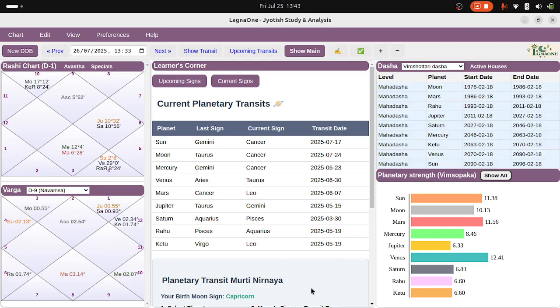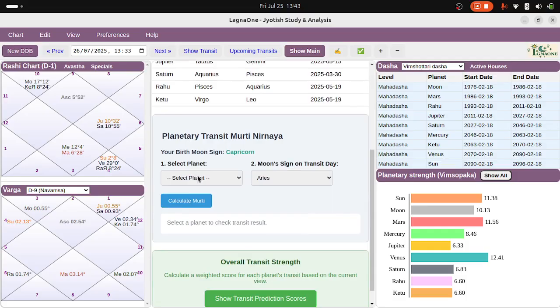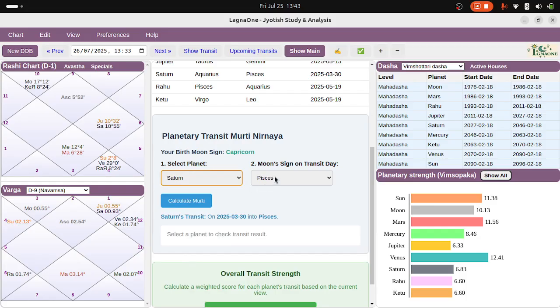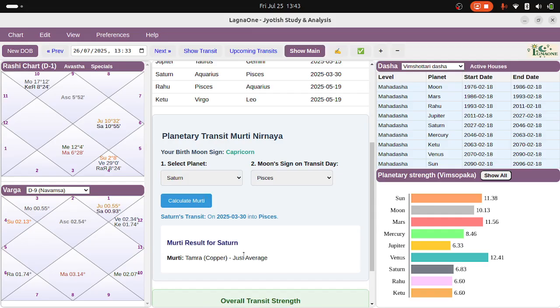So Murti Nirnay is a predictive technique which is not in the classics, but it's popular, a very traditional system. I found it pretty useful, so I've included this. You can read about it; I'm not teaching Murti Nirnay here. If you click calculate Murti, it tells you how this planet, Saturn or whatever planet you have selected, is for this person.